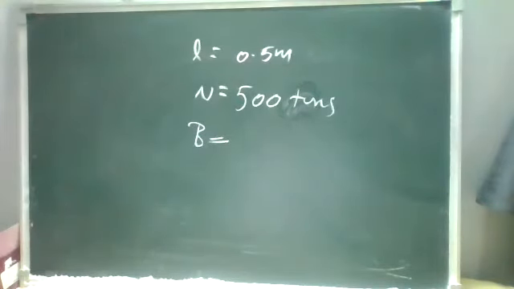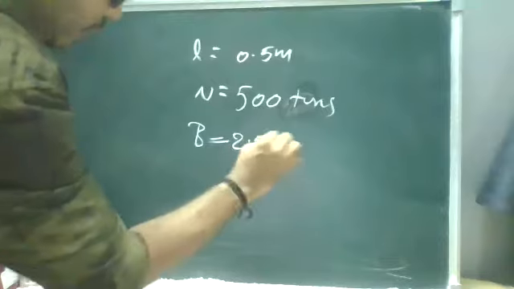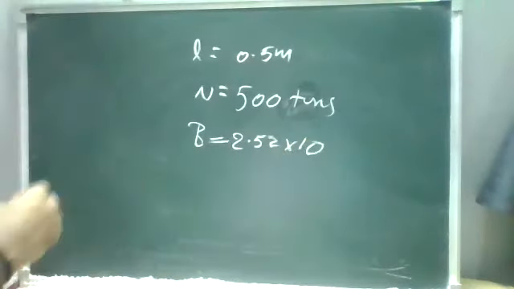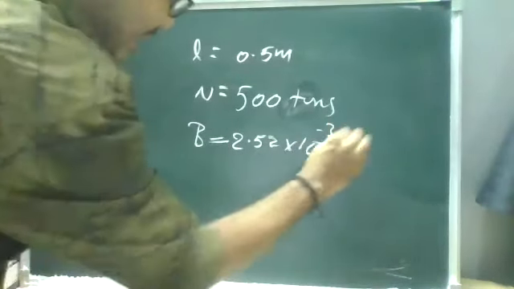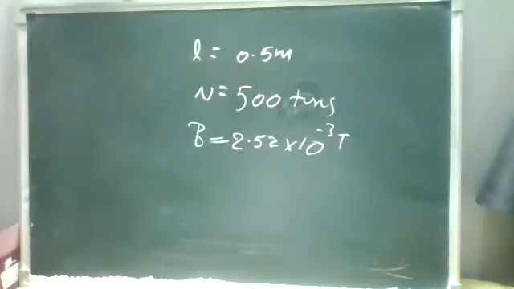So B is equal to 2.52 into 10 power minus 3 Tesla at its center. I'll repeat: a 0.5 meters long solenoid has 500 turns, and the flux density is 2.52 into 10 power minus 3 Tesla at its center.